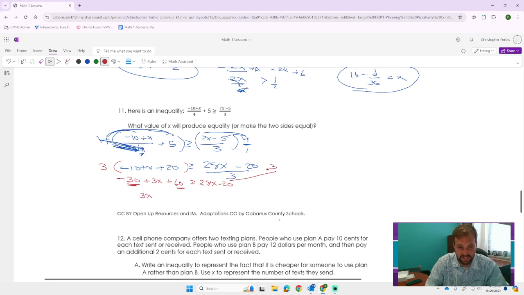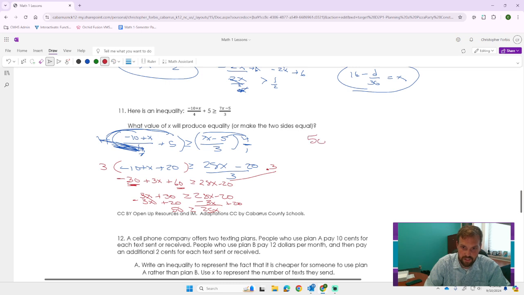Negative 30 and 60 gives us 30. Maybe I will subtract 3x, subtract 3x, get 25x, add 20, add 20, and I get 50 is greater than or equal to 25x.